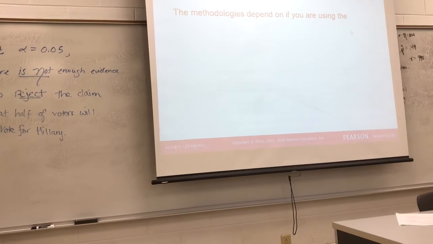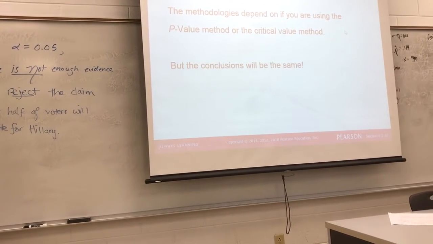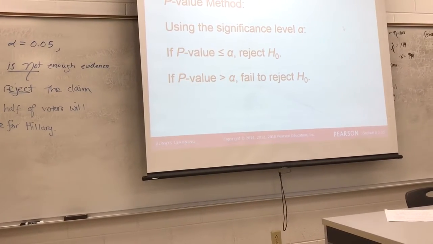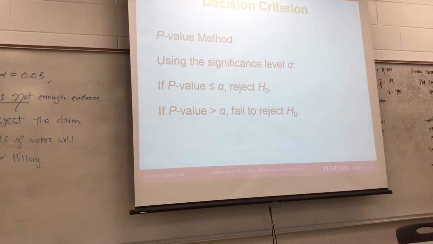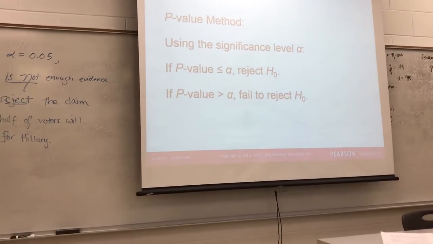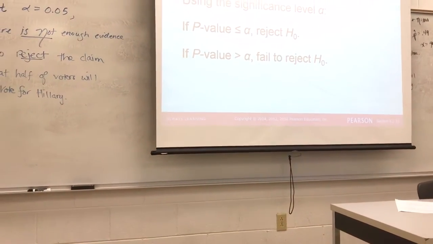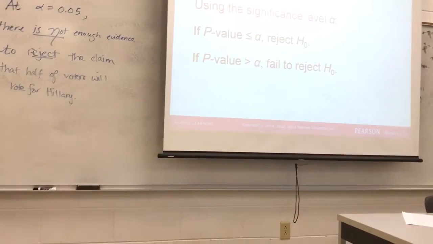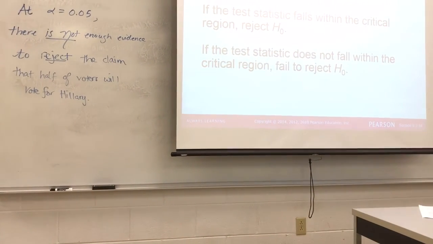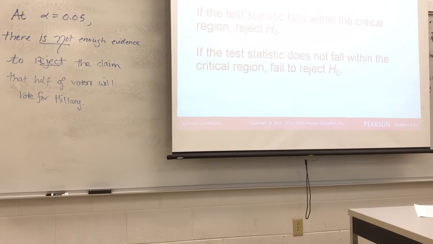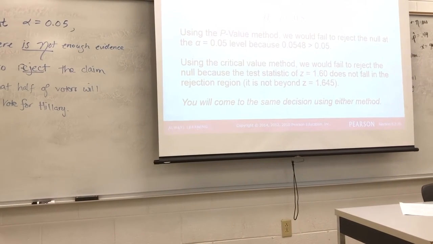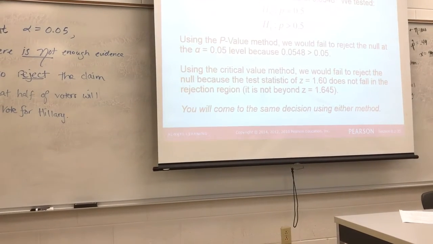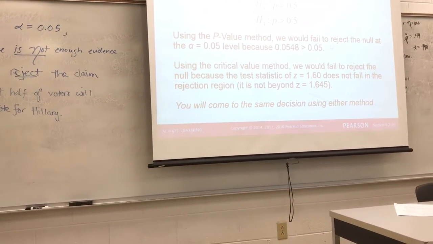And then the methods all lead to the same conclusion. Here's the method we're using. The p-value is less than or possibly equal to alpha, although it's never going to be equal: reject H0, and greater than, fail to reject H0. Critical value method is just where you're comparing number line values. So here, we're going to use this method. We're going to say, well, that p-value is greater than 0.05.